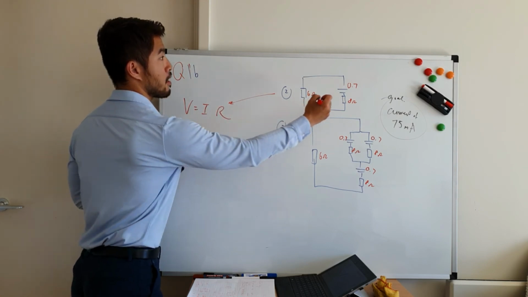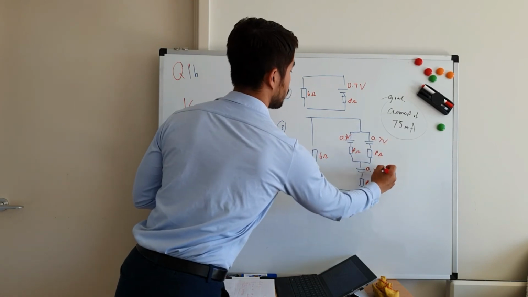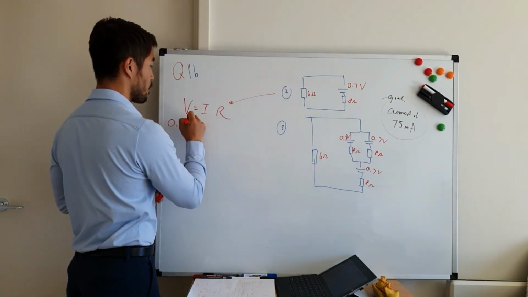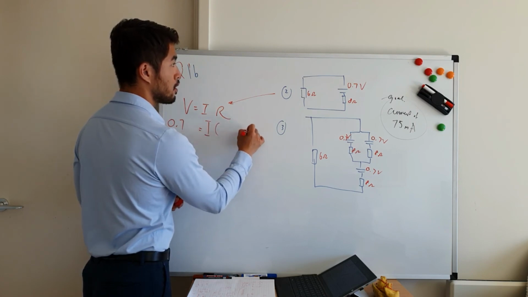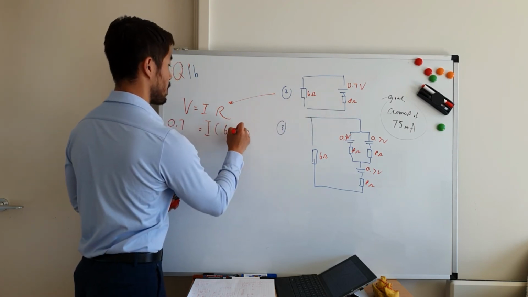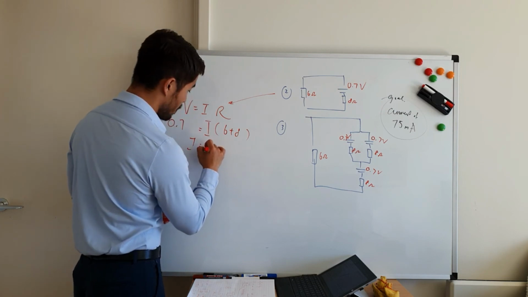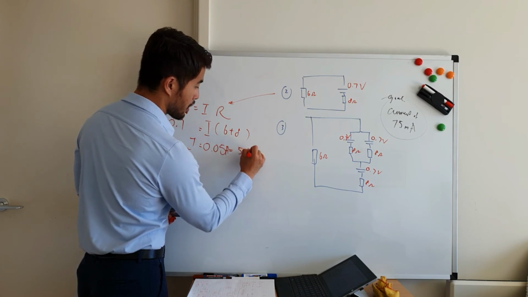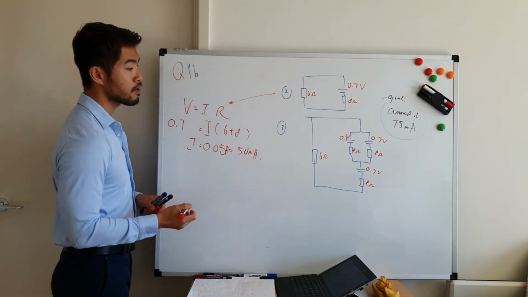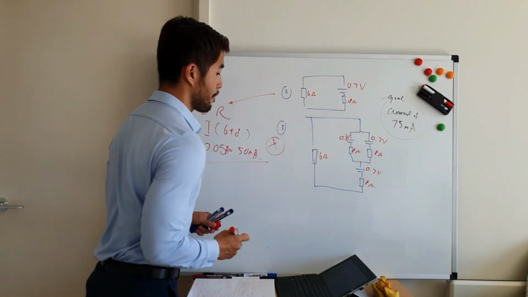V is 0.7 volts, and I is what we don't know. These two are in series, so 6 plus 8. So I is going to be 0.05, which is 50 milliamps. This is not going to be okay, because our goal is 75 milliamps.